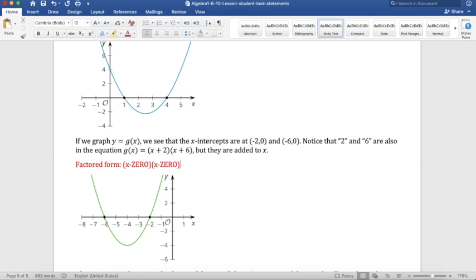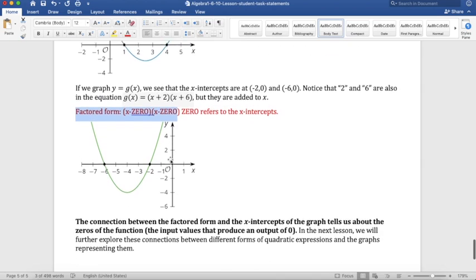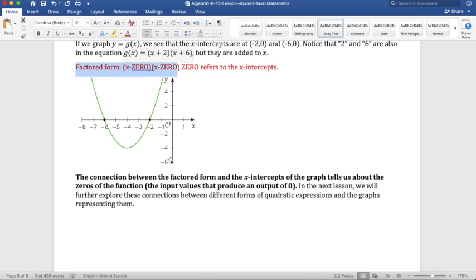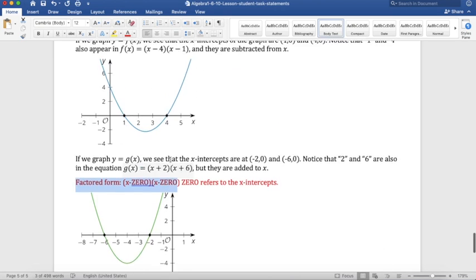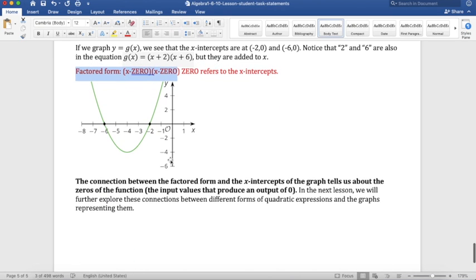It's not the number 0, it's where 0 refers to the x-intercepts. So it's really subtracting the zero. If there's anything you're taking away from this, that's a great thing to take away: x minus the zero and x minus the zero. That's really what's going on in both of these functions. And the y-intercept is, of course, the number that's being added in standard form. So again, we're practicing this.